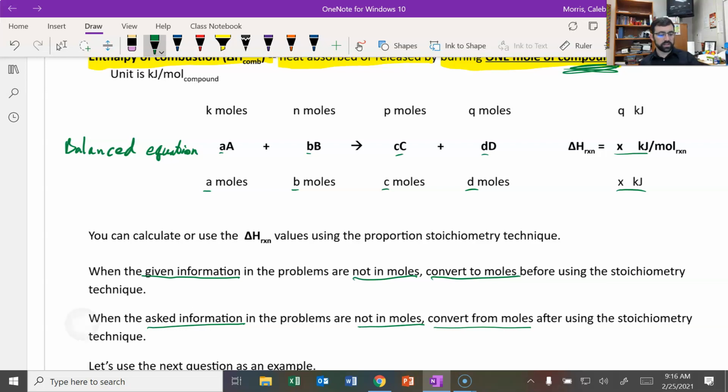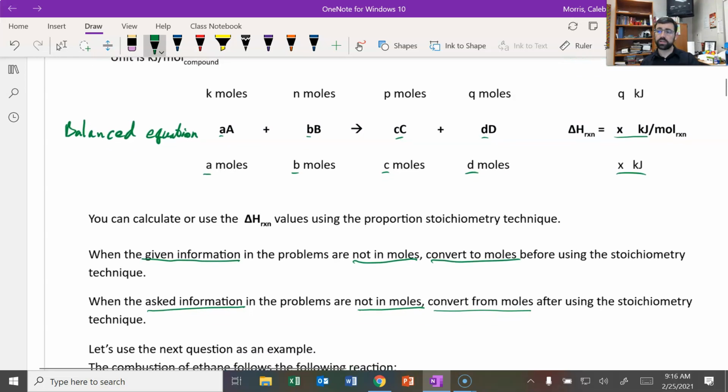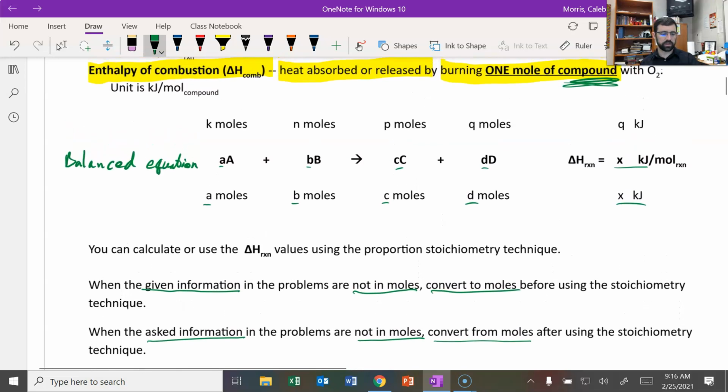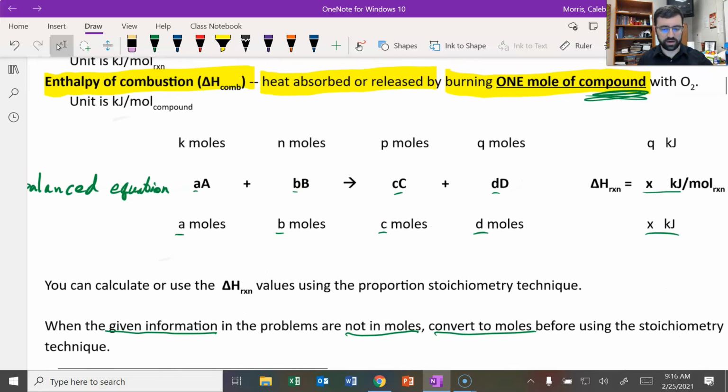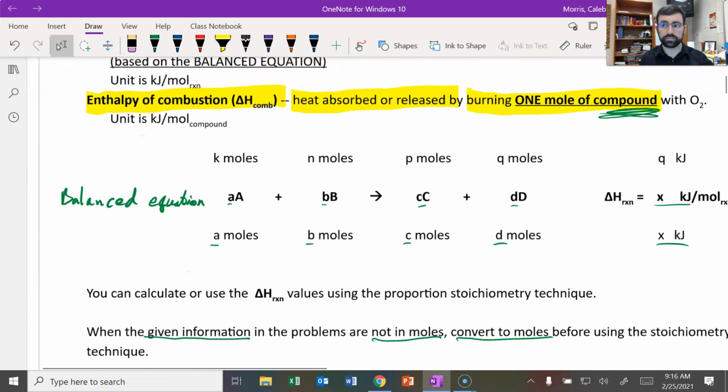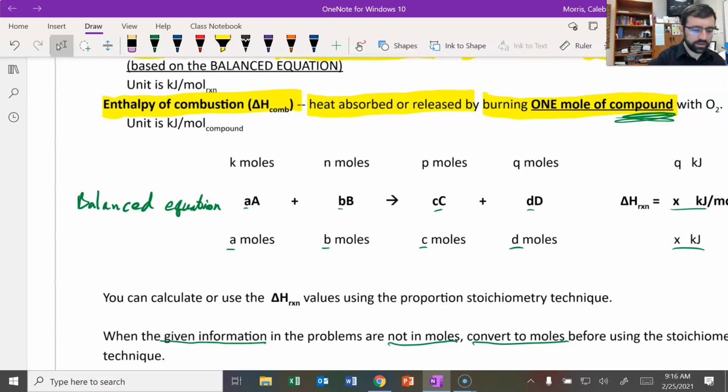We're going to use the next question as an example, but before we do, we want to identify some things. Oh, and by the way, just to clarify, this up here may look a little confusing. This top part, K, N, P, Q, Q, I'm just using letters to represent what's given or asked for in the question.